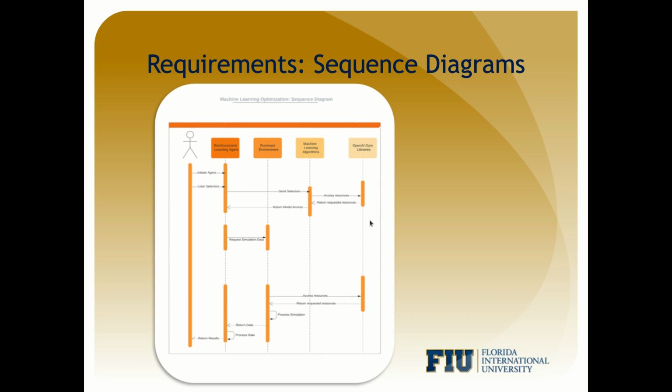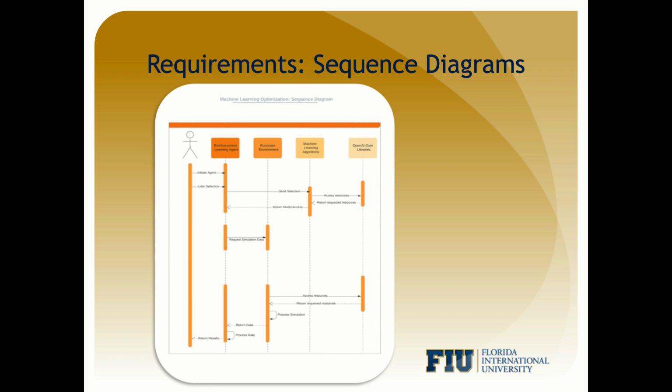So here's a sequence diagram that more or less shows you the same thing. Again, the primary user, a data scientist, would seek to initialize an agent, making certain selections on parameters. All those selections get sent over to our machine learning algorithm libraries, which directly access the OpenAI Gym libraries. They get those resources and populate a series of objects.